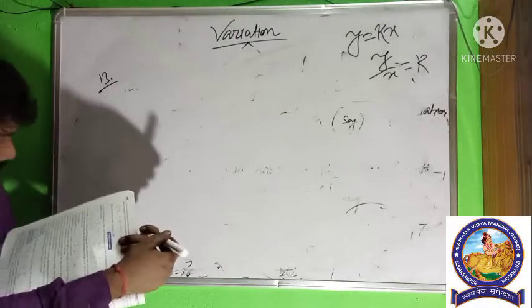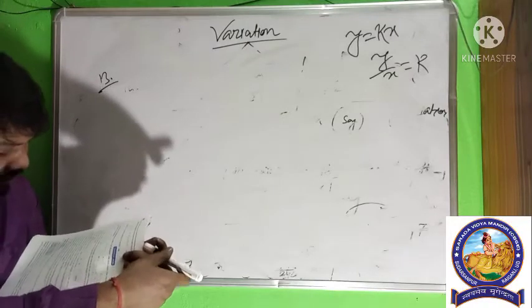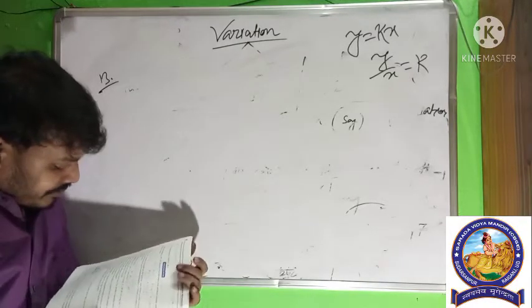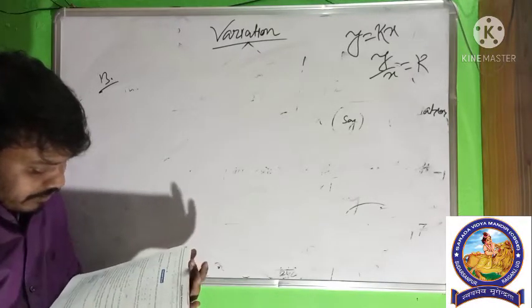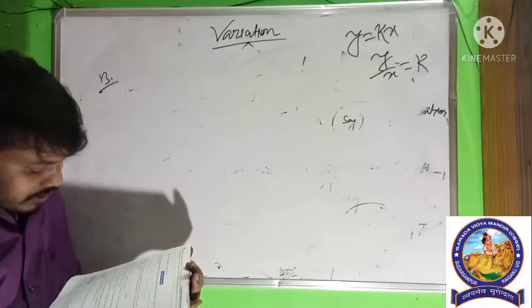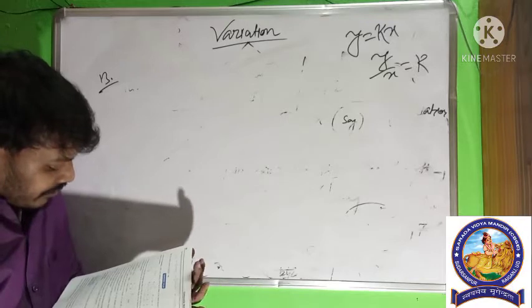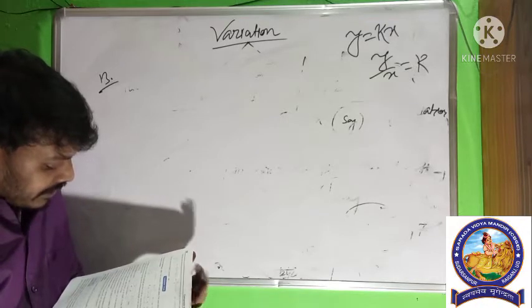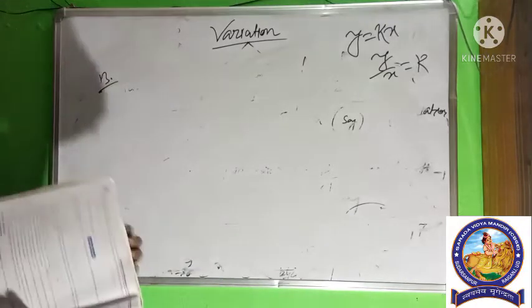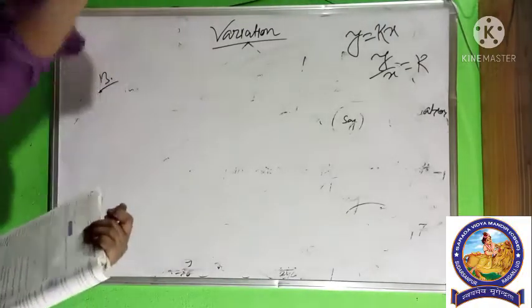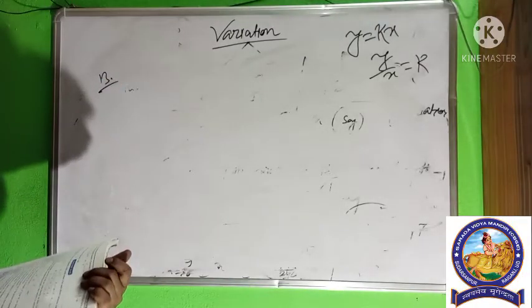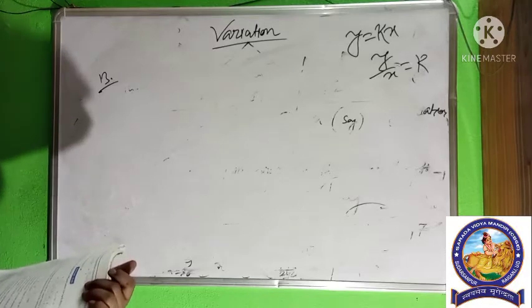At a party, 8 bottles of soft drink are served for every batch of 5 children. How many bottles would be served if 40 children were present at the party? Very easy math. Without using variation, we can tell the answer directly.